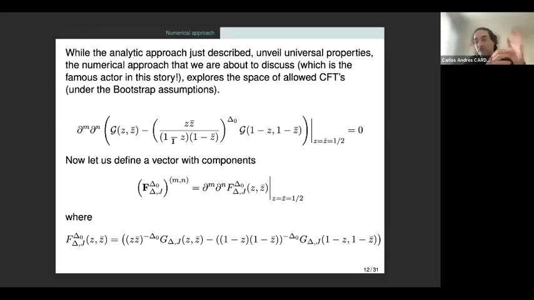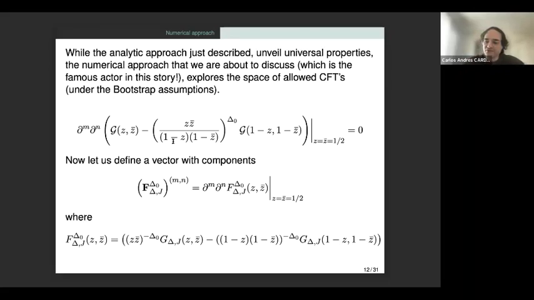Right, so the numerical side, as a complement of the analytic side, will allow us to see the space of those theories. As I will show in a moment, people doing this numerical work are able to see islands where families of theories should live.